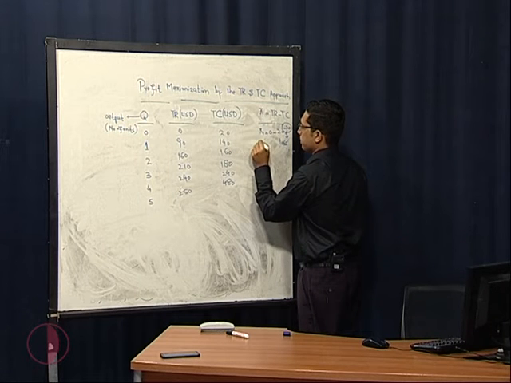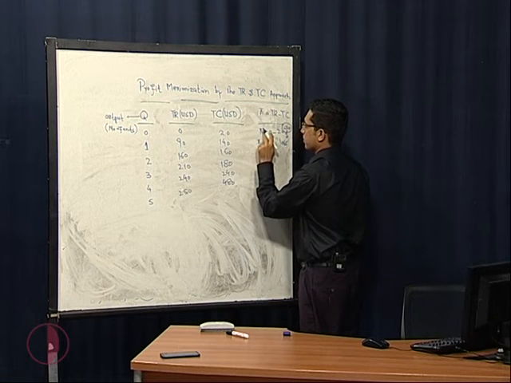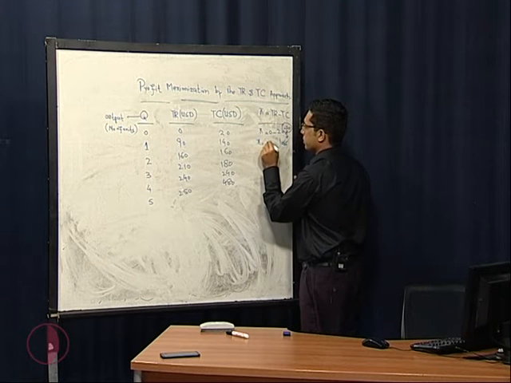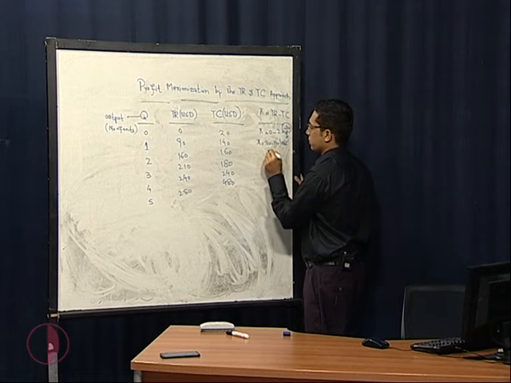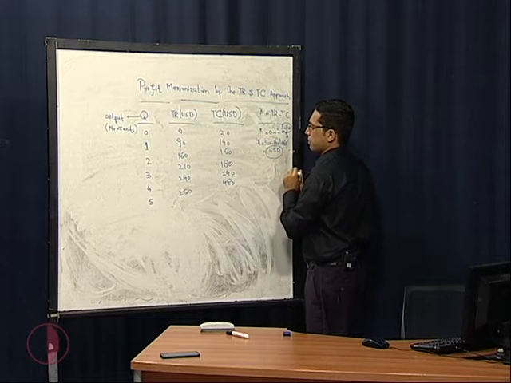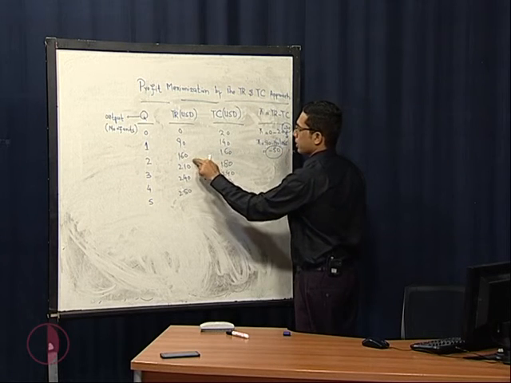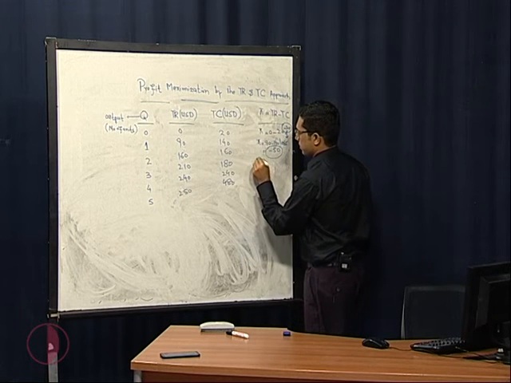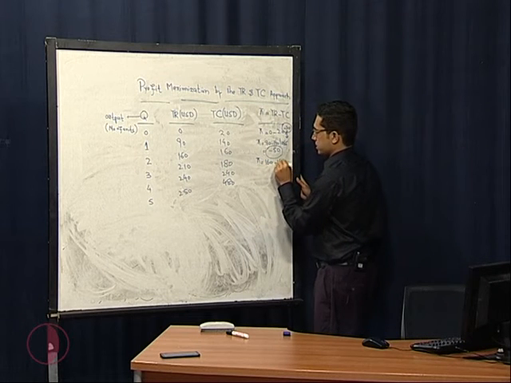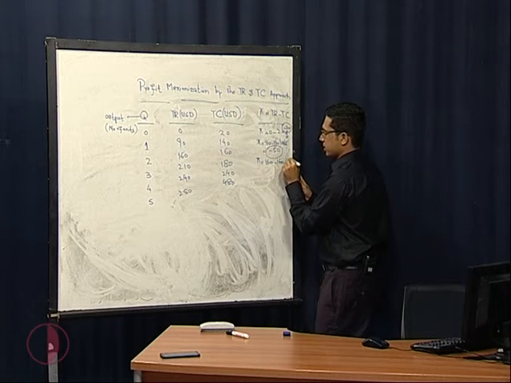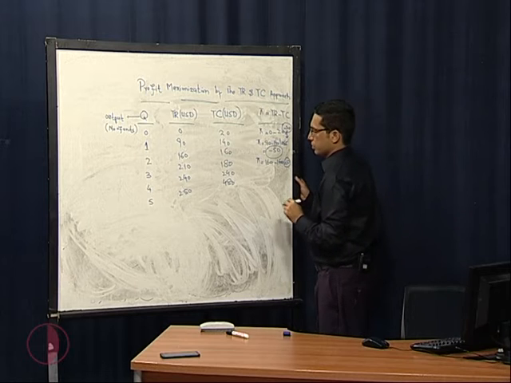Here profit is equal to 90 minus 140, which is equal to minus 50. In this case, profit equals 160 minus 160, equal to 0.